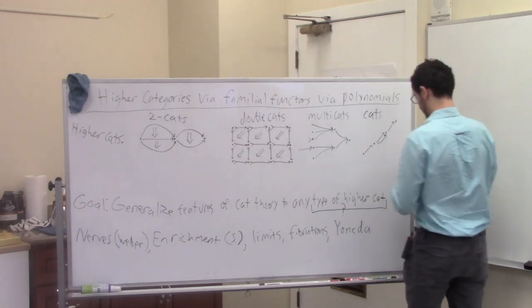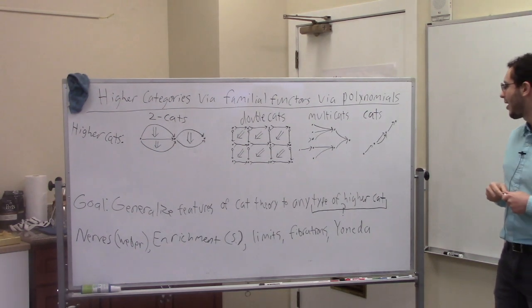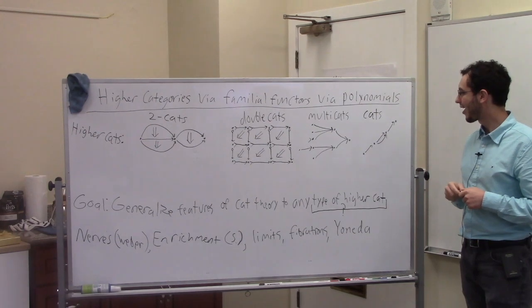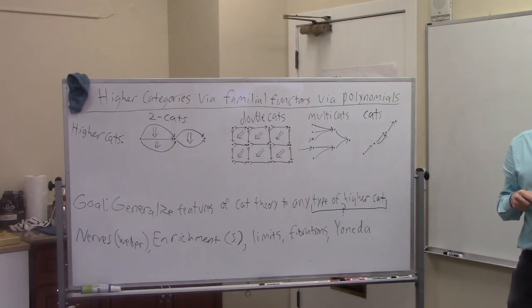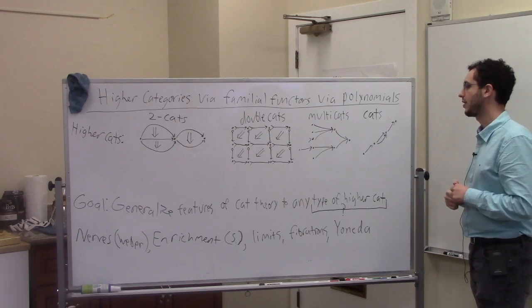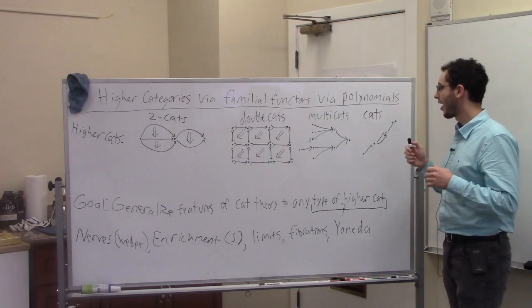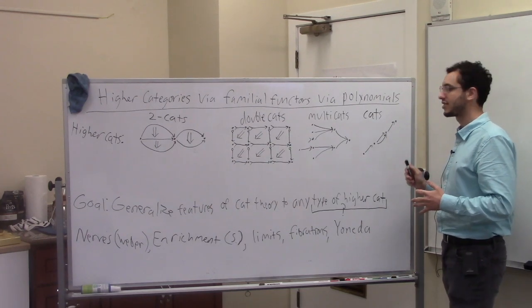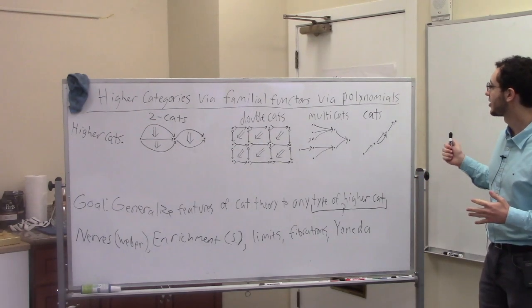Can you say why you would tackle enrichment before some of this other stuff? Yeah, so part of it was that it was one of the things that I had thought about the most thoroughly. Because I kind of went about it backwards. So I started with thinking about what a type of higher category was, which I'll talk more about in a minute.